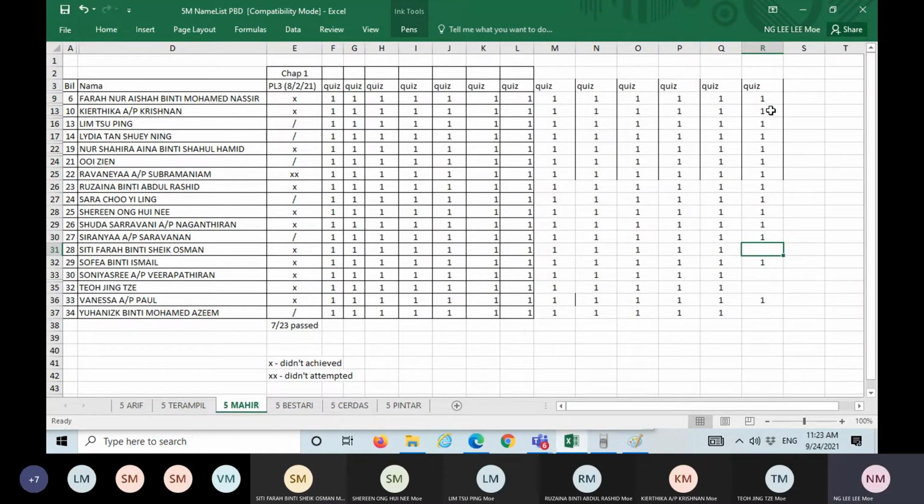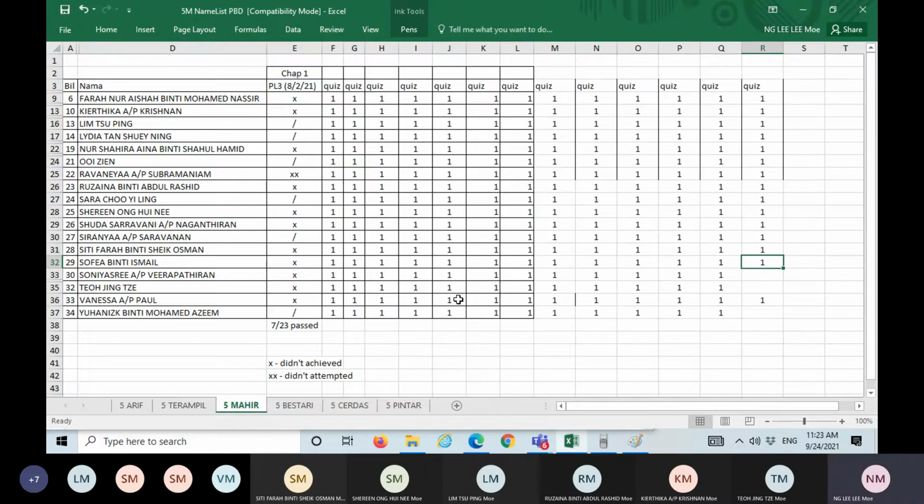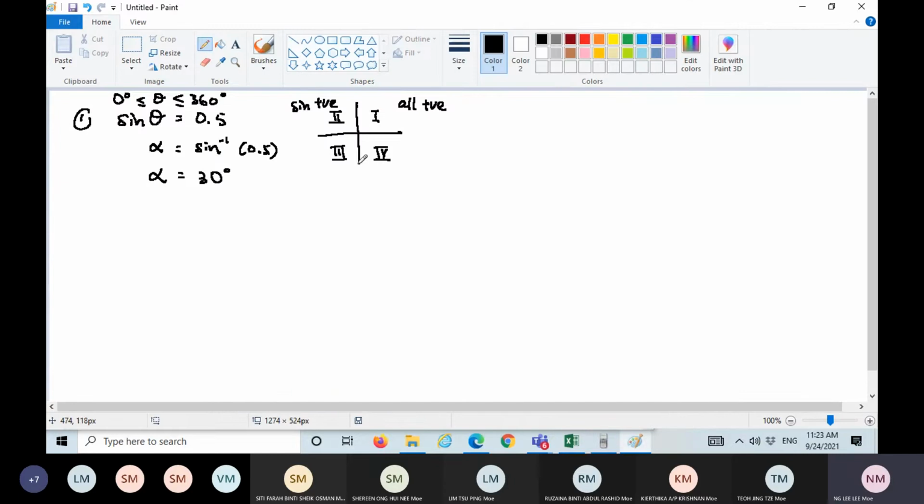Siti Farah, can you tell me the second quadrant? Which one is positive, which one is negative? Sine is positive, the rest are negative. Sonia Sri, can you tell me the third quadrant then?